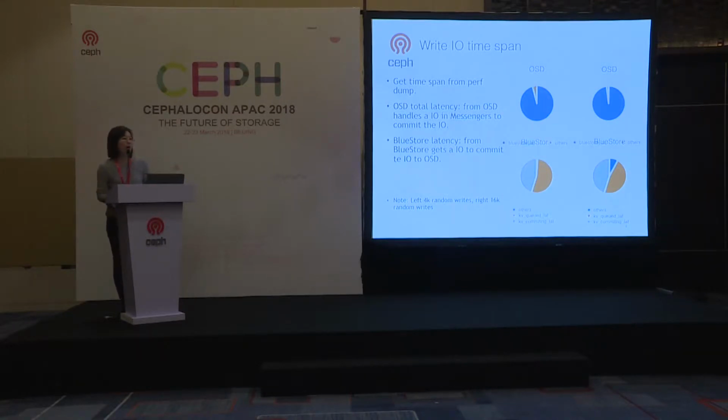And then we submit the metadata to RocksDB. That is the committing latency. This time is RocksDB handling the metadata update. So both for 4K random write and 16K random write, that is small write and big write, the latency of RocksDB is high.